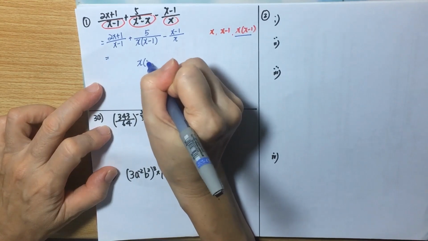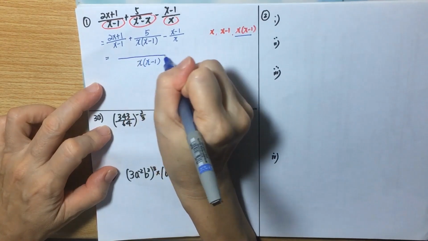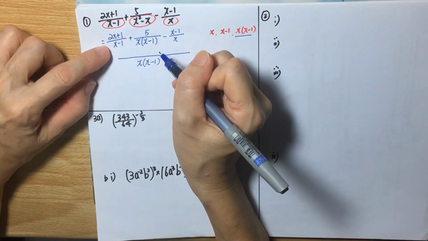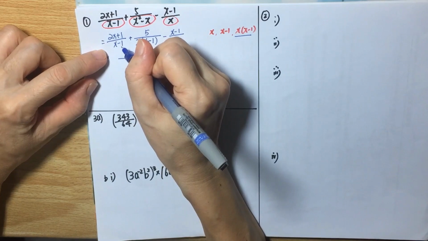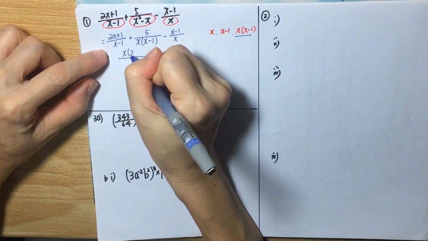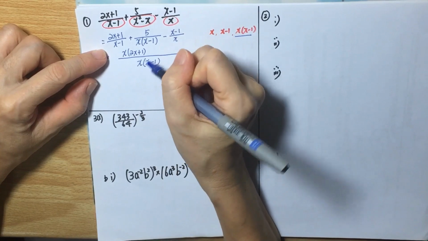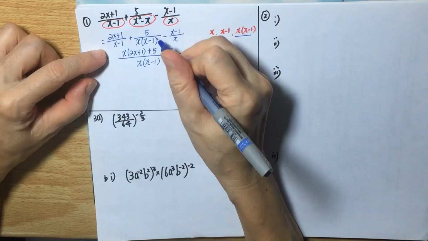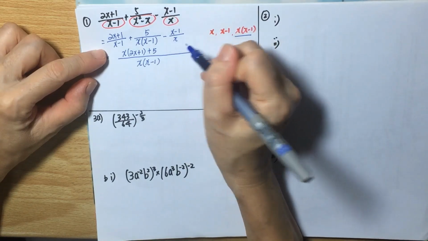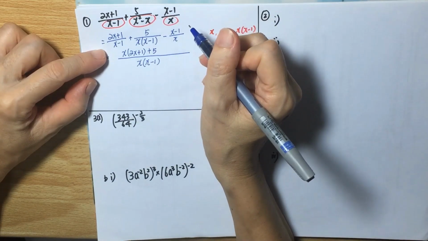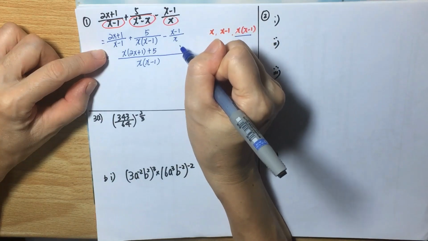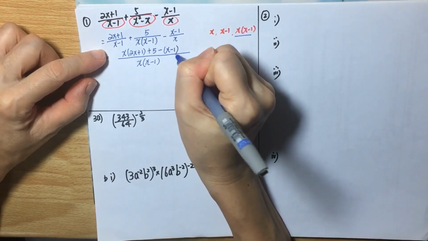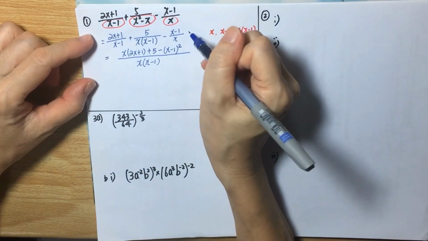For the first fraction, x is multiplied to the denominator, so we have to multiply the same x to the numerator. For the second fraction, there's nothing multiplied, so the numerator is just 5. For the third fraction, we have x minus 1 multiplied to the denominator, so we multiply x minus 1 to the numerator also.